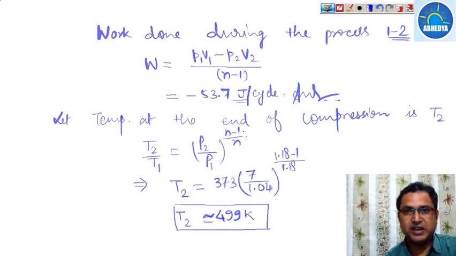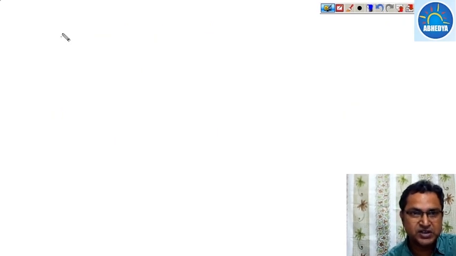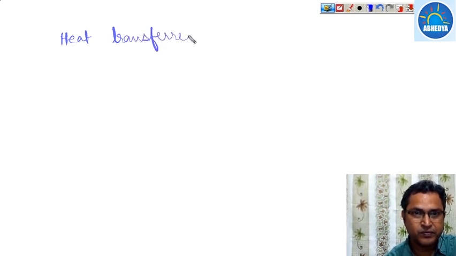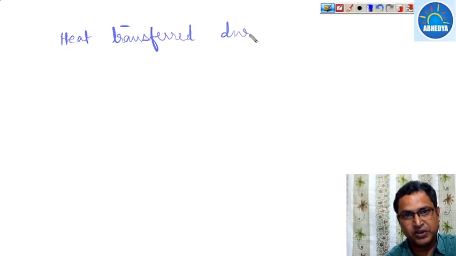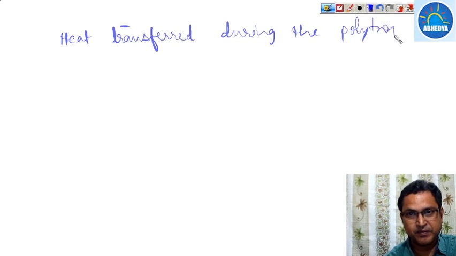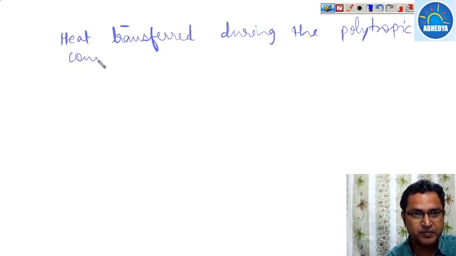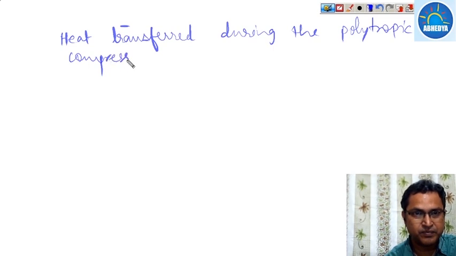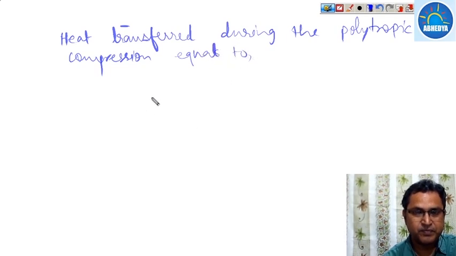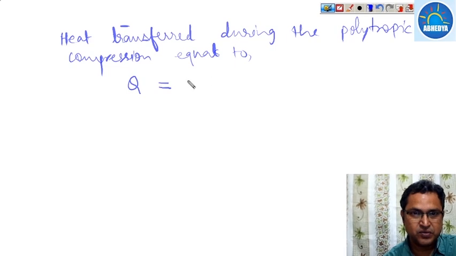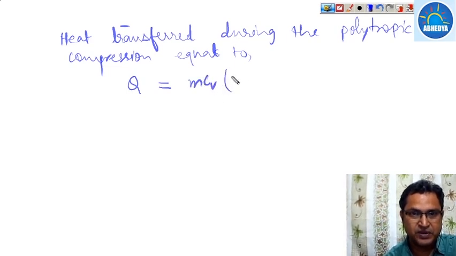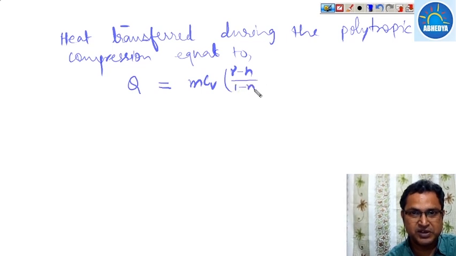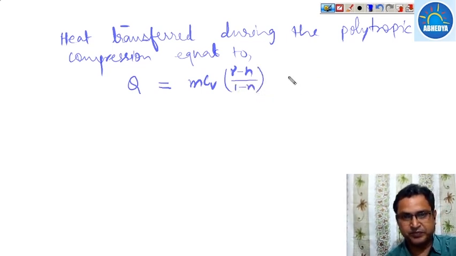Once we know the temperature at the end of the compression, the heat transferred during the polytropic compression is Q equals m c v times gamma minus n upon 1 minus n times T2 minus T1.